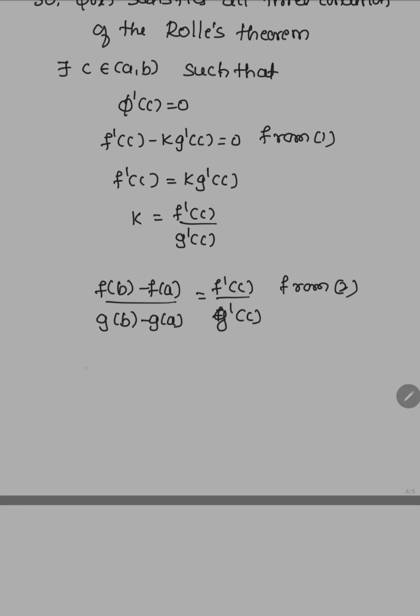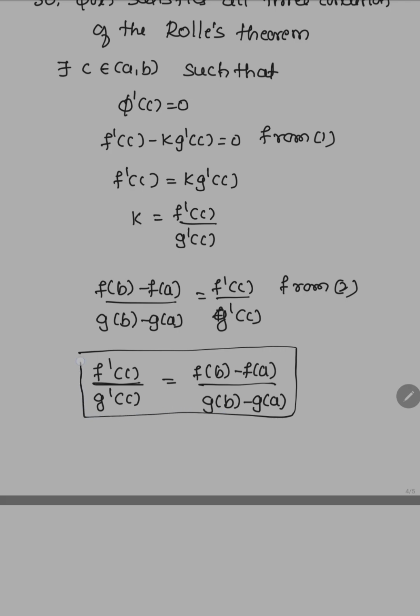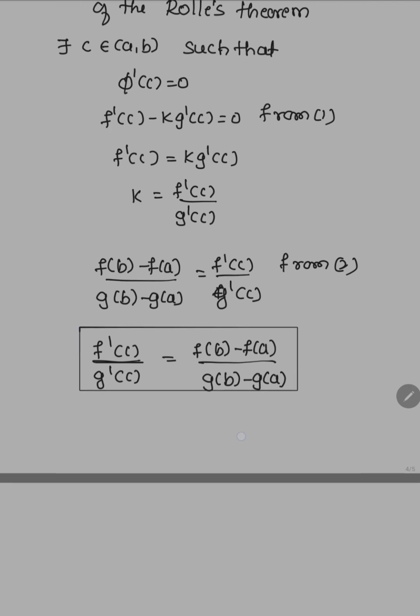Hence the theorem. So that can be written as f dash of c divided by g dash of c equals f of b minus f of a divided by g of b minus g of a. So this is the Cauchy mean value theorem.